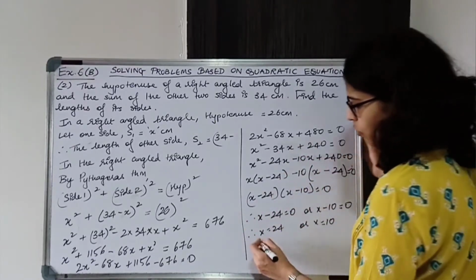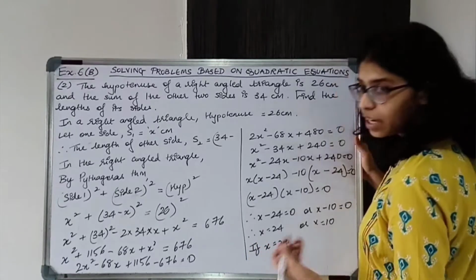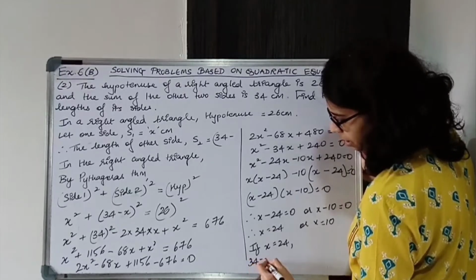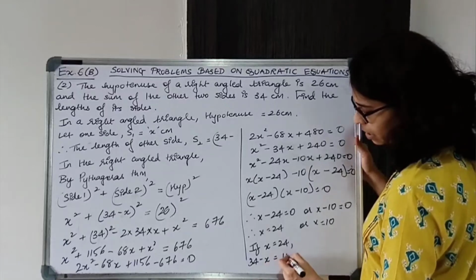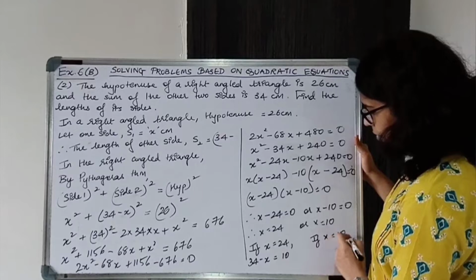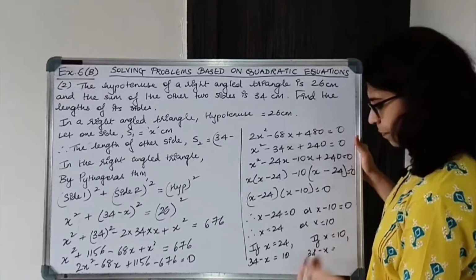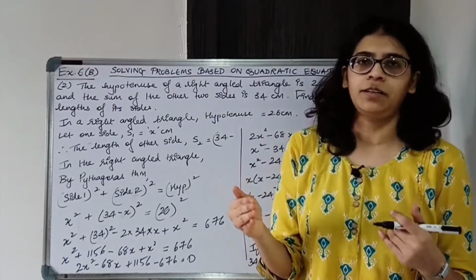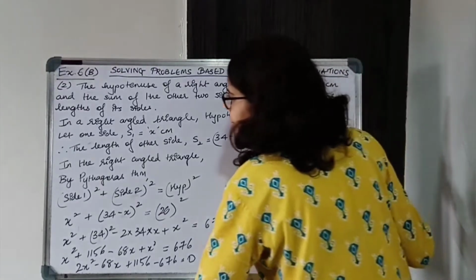Okay. So if x is equal to 24, other side is 34 minus x. So it will become 34 minus 24, that is 10. And if x is equal to 10, then other side will become 34 minus x, which is 34 minus 10, 24. Okay, so one of them is 24, other one is 10. Alright, so you won't write like this, you will write it properly.